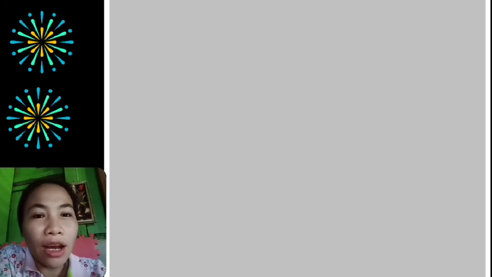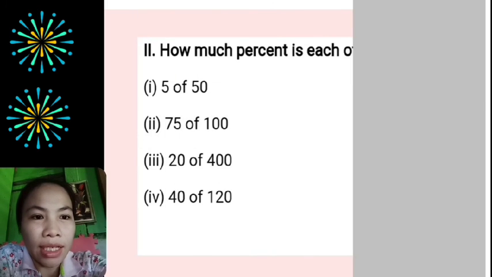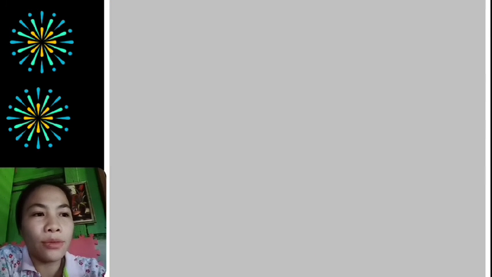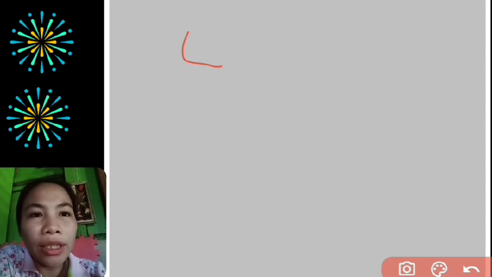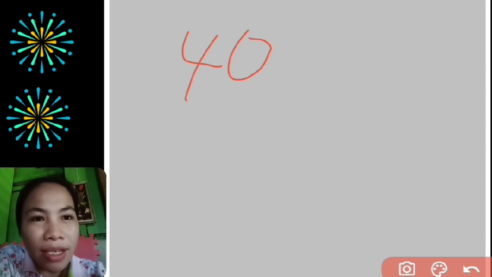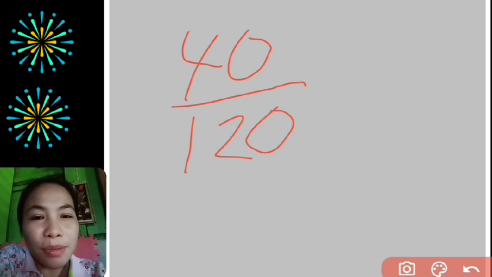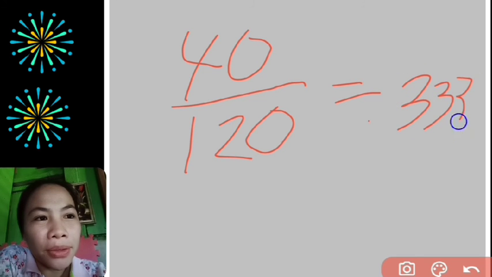Next is 40 of 120. So 40 of 120 is how much percent? How much percent did they less? So 40 divided by 120, how much do you think? It is 0.3333.